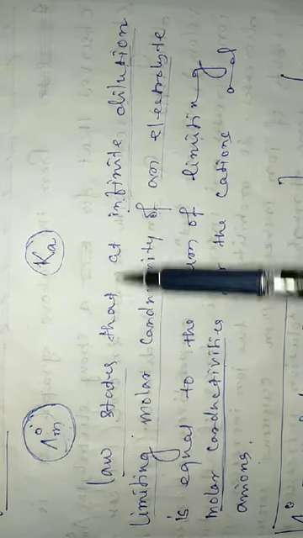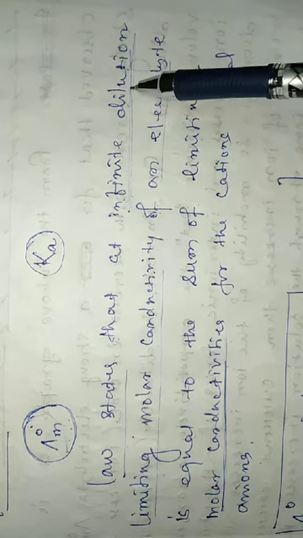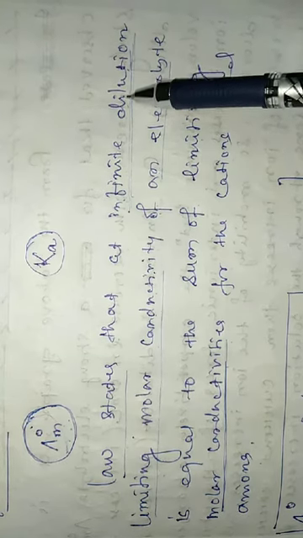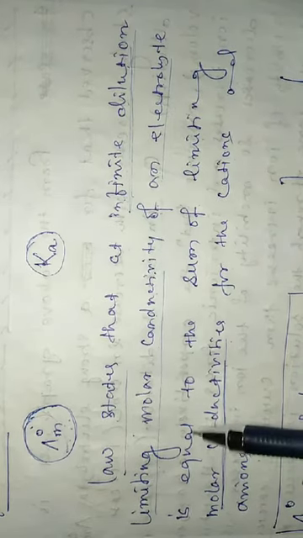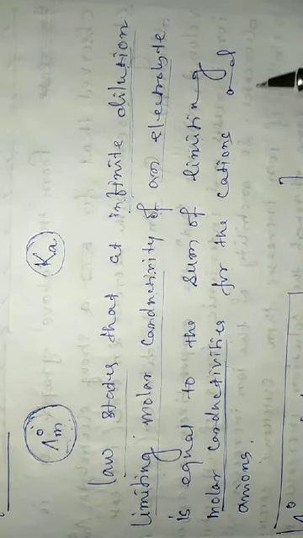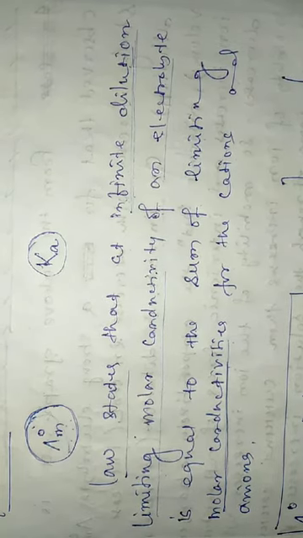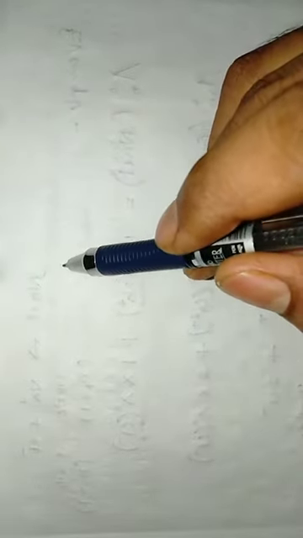The law states that at infinite dilution, when the concentration of the solution is almost 0, the limiting molar conductivity of an electrolyte is equal to the sum of the limiting molar conductivities for the cations and anions. To explain Kohlrauch's law mathematically, let us consider an electrolytic solution.